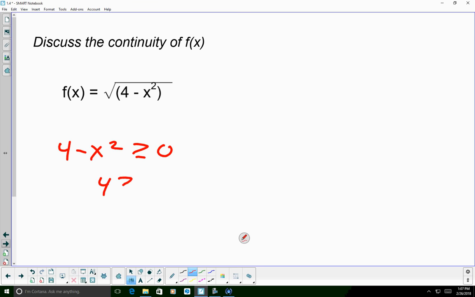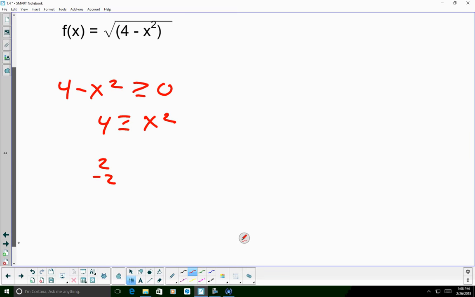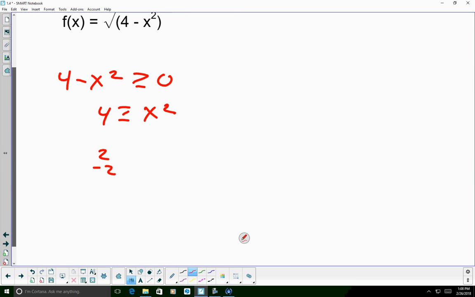So 4 has to be greater than or equal to x squared, which means it's going to be 2 and -2. So that means my domain is x has to be between -2 and 2. It's continuous in that interval.